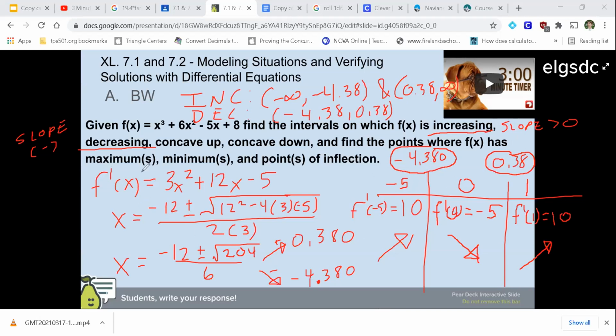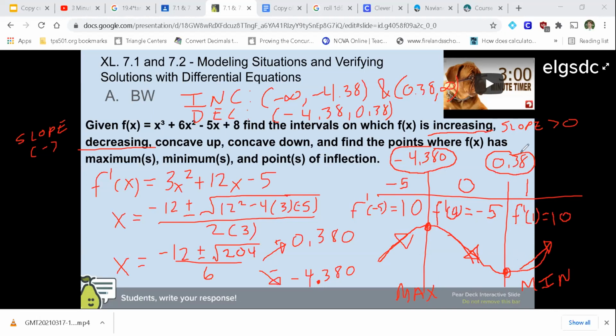While we're here, we can determine our max and mins. Is a max or a min going to occur at this x value? A max. Look at the shape, right? That has to be a maximum at x equals negative 4.38. And then here, because we shift from negative to positive, it would have to be a minimum. So we have a maximum when x is negative 4.38 and a minimum when x is 0.38.